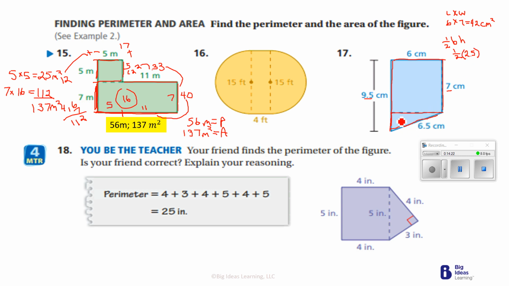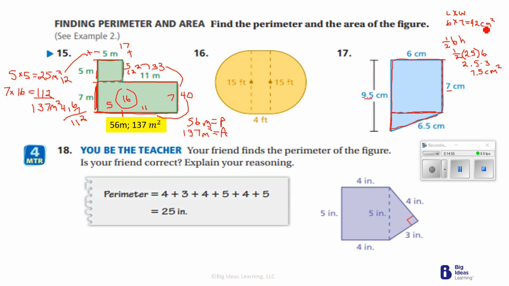And then my height of my triangle, well, that's going to be this across right here, and that's going to be 6. Well, half of 6 is 3, so now I've got 2.5 times 3. I know 25 times 3 is 75, so 2.5 times 3 must be 7.5. So this is 7.5 centimeters squared.